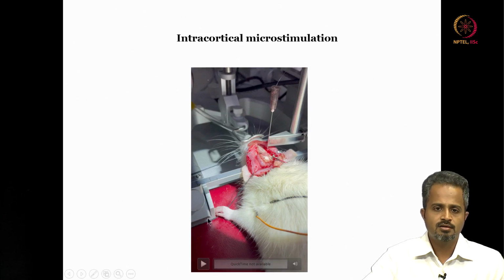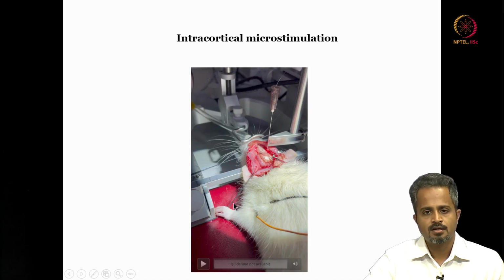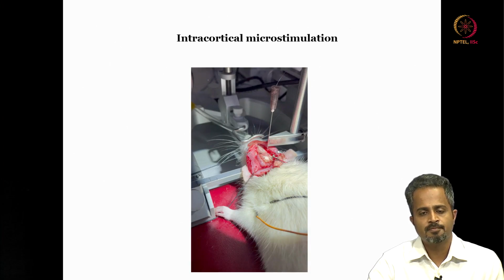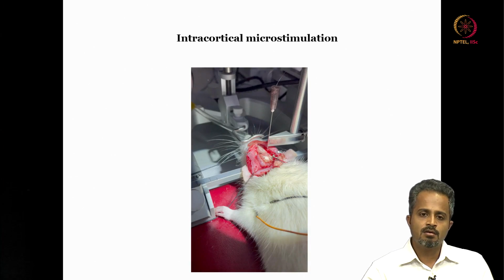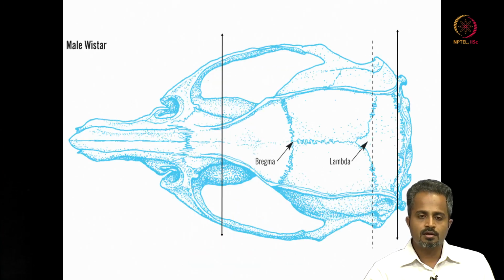Actually, what you would appreciate is that stimulation of the right motor cortex would lead to movement of the left forepaw, similar to what you saw in the awake brain mapping. These are some of the stimulation techniques that we would use before we actually implant any sensor, to improve the level of accuracy. And how do we do that?